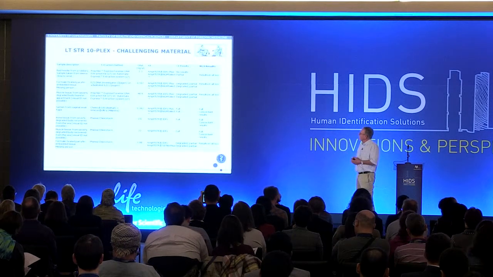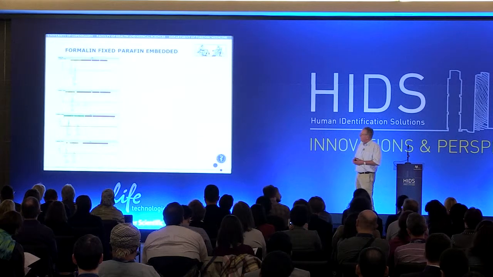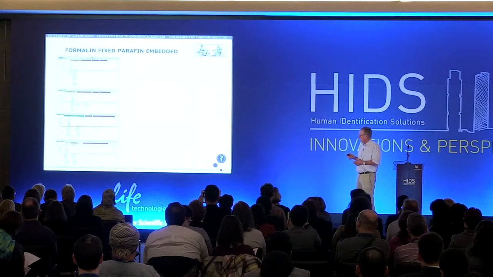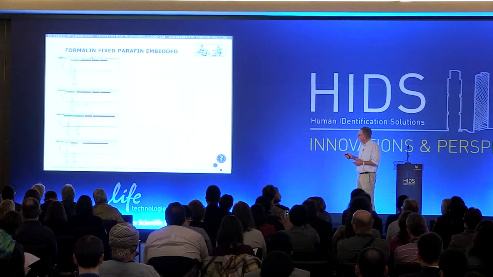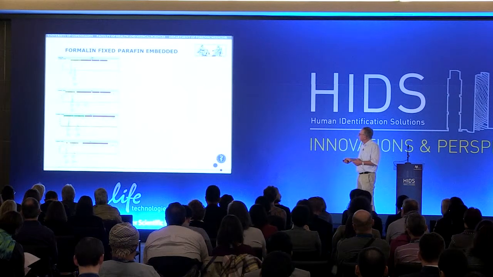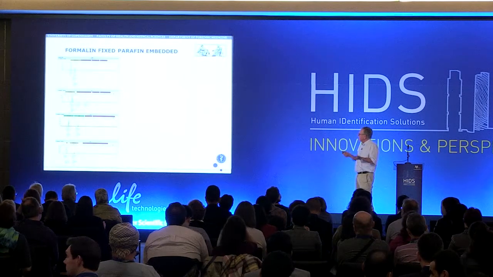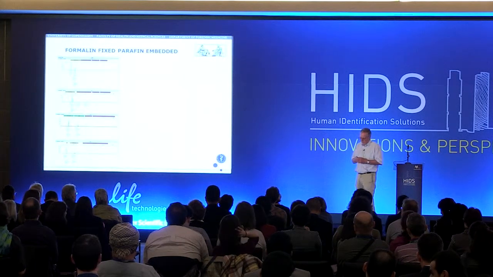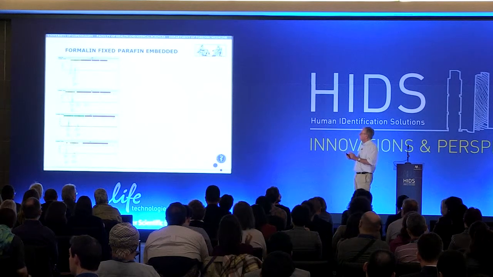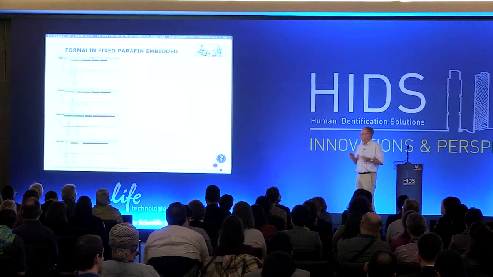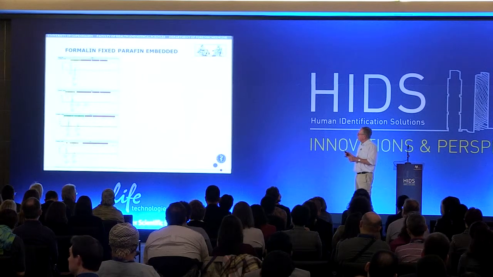So we went to the challenging material, and here you see some results obtained with capillary electrophoresis, and you can see that there are only results with the short STR systems when you analyze with capillary electrophoresis, and these primers can identify these STRs with that technology.